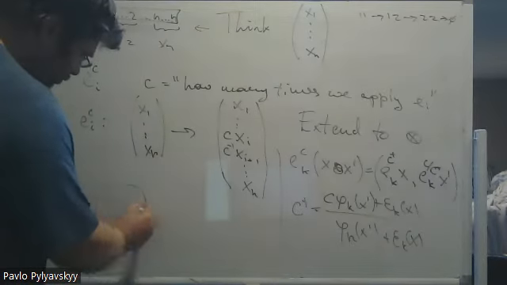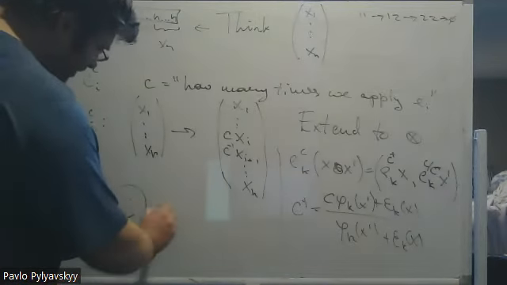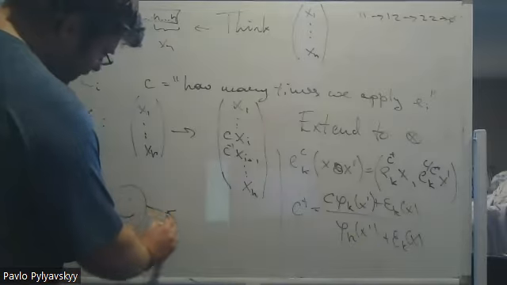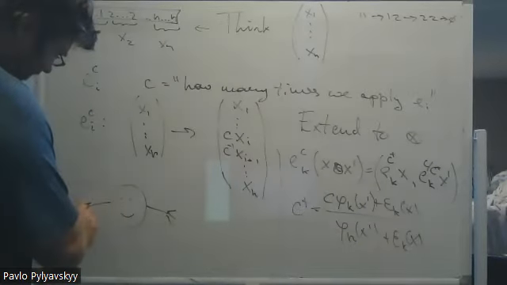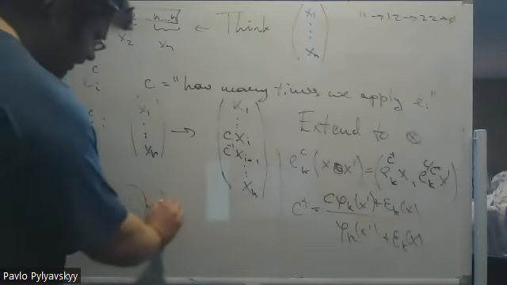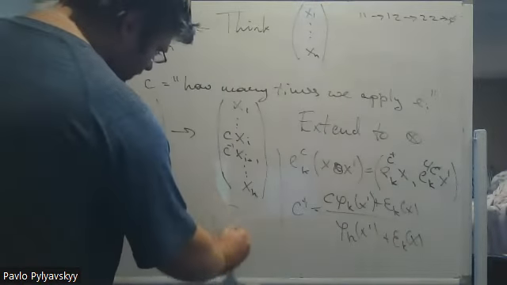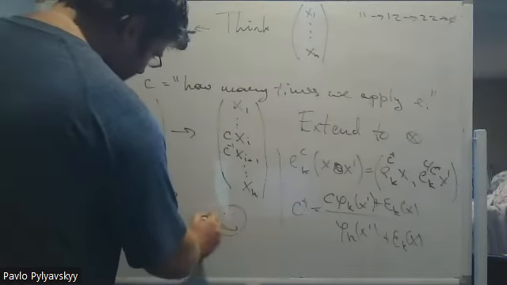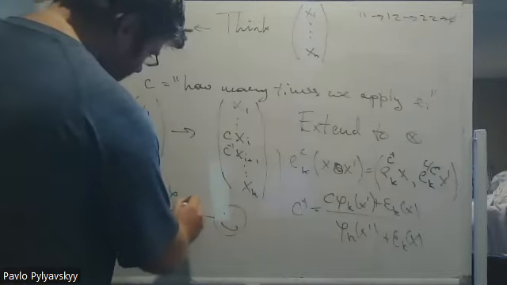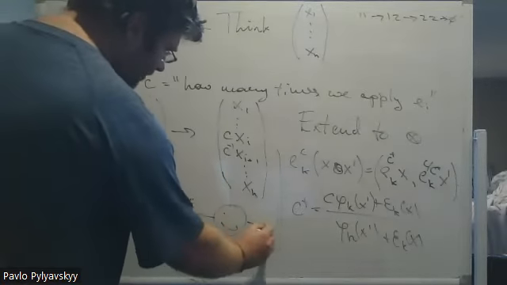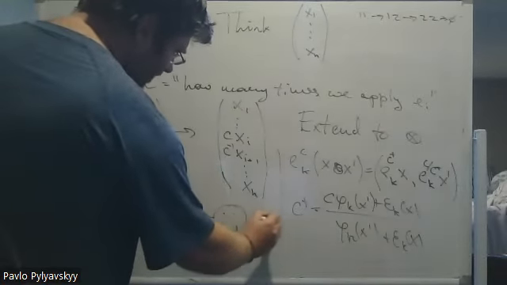So look, if there are two crystals, the way they can connect to each other is using epsilon and phi functions. Okay, so epsilon and phi here, and here's another one, and it also has epsilon and phi, etc.